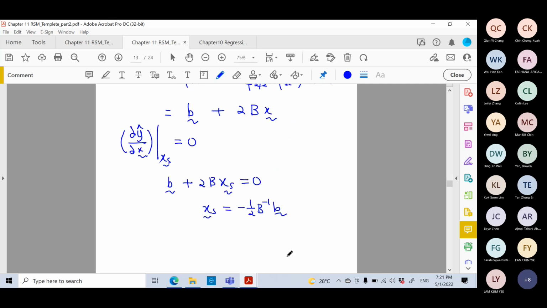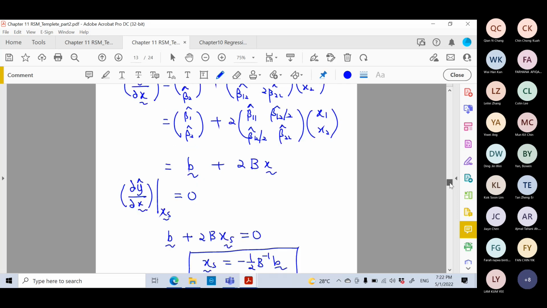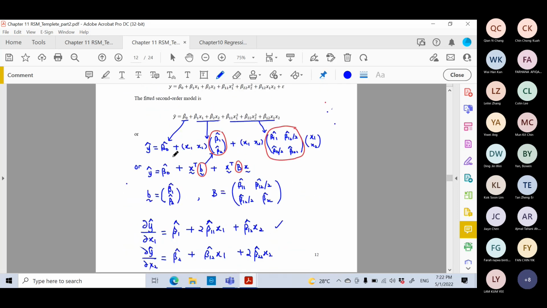So this one is the equation you are looking for, to get your stationary point. You need to know what the B of the matrix is. I have mentioned to you that the small b will be given by beta 1 hat and beta 2 hat.